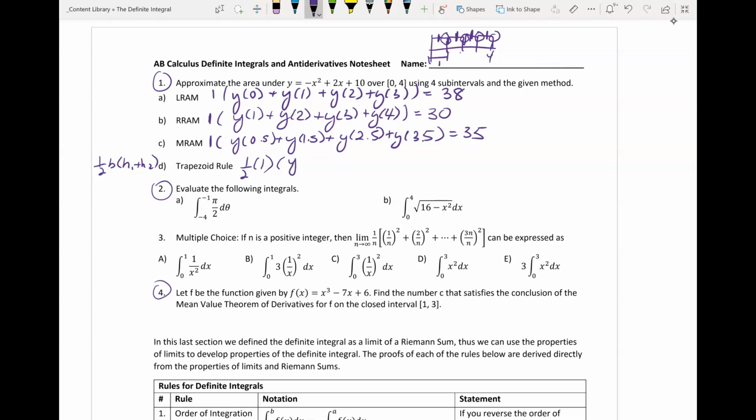We're going to have 1 height at x equals 0, 2 heights at x equals 1, all the way until 3, and then we'll just have 1 at x equals 4.